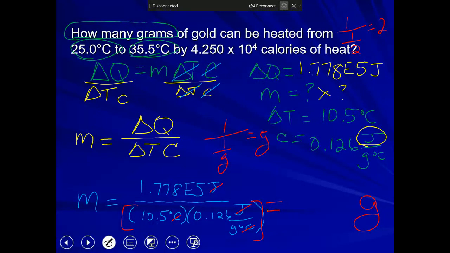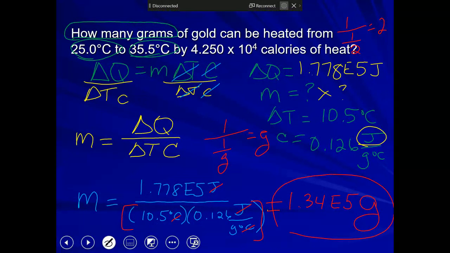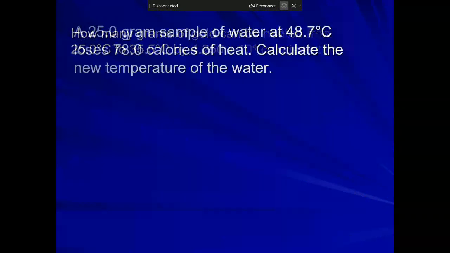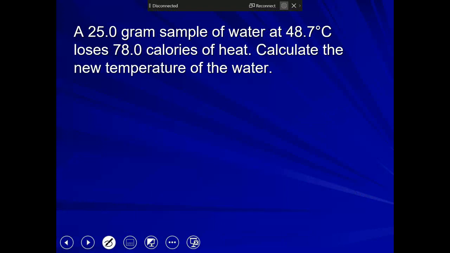And I got, with 3 sig figs, 1.34 times 10 to the 5th grams. Okay, that's a lot of gold. So another problem that you might be asked to do might look like this. So again, we're going to use the same equation.